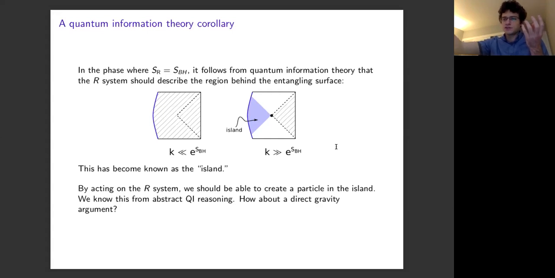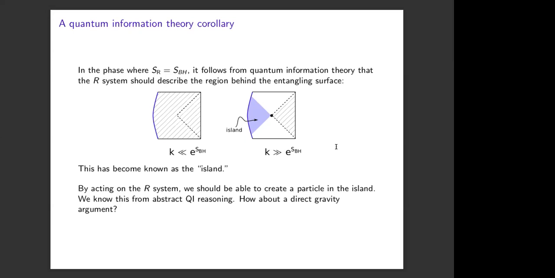You come and present me with some object, and you say that your object is maximally entangled with my remaining spin. Then I know that your object contains the spin that I threw away. It's a version of monogamy of entanglement. I see. Okay. Thank you.